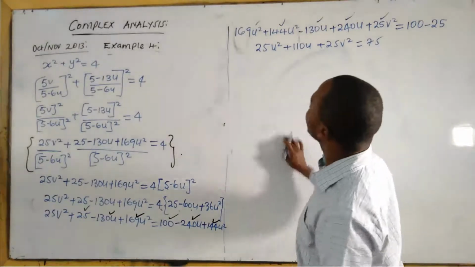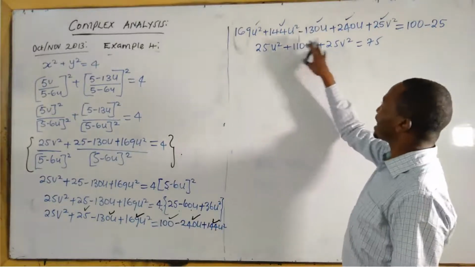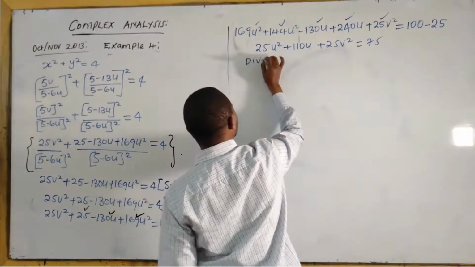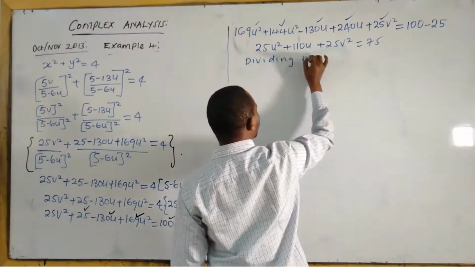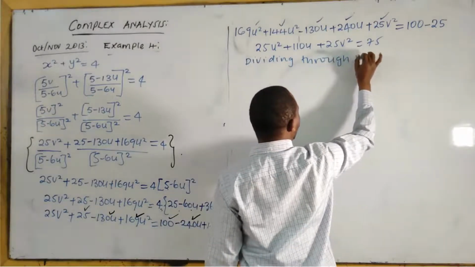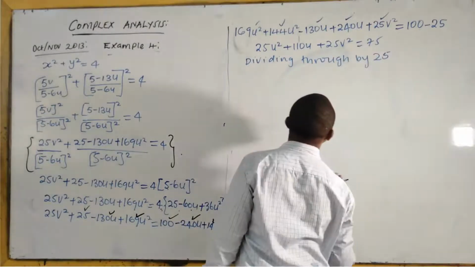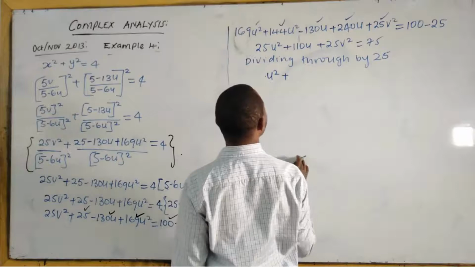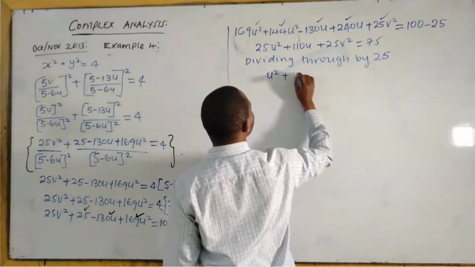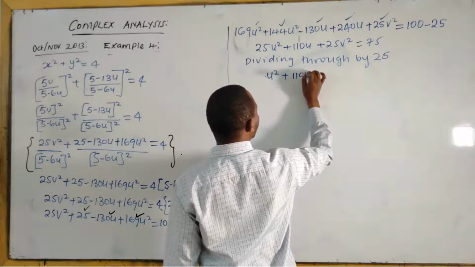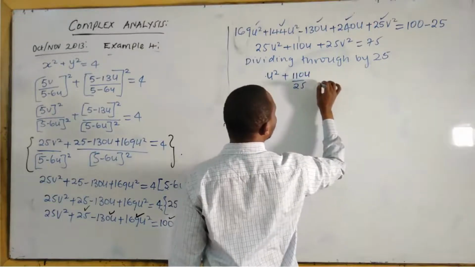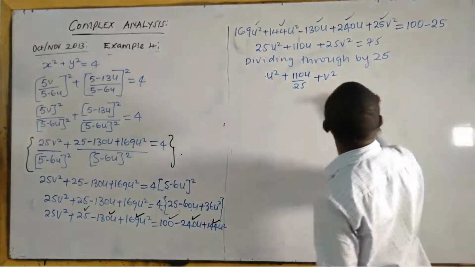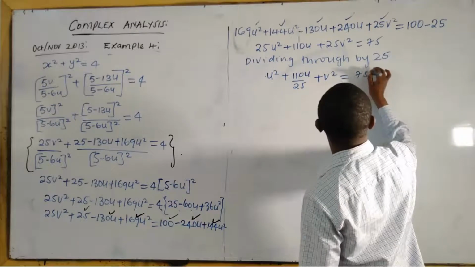What do we divide through with? We want to make the coefficient of u squared and v squared equal to unity. So dividing through by 25. So this is u squared plus, what is 110 divided by 25? 110u over 25, plus v squared is equal to 75 over 25.